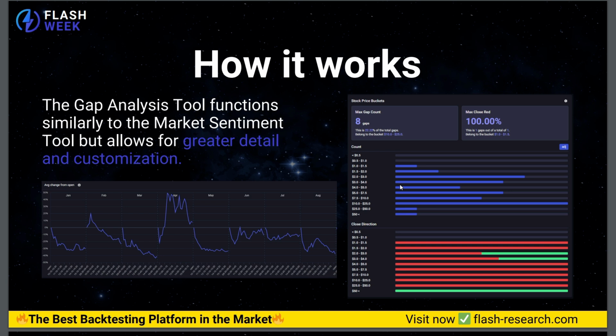You remember, guys, when we did the market sentiment tool a couple of days ago, you saw there were a lot of insights, but they were really general, and the customization was lesser than on the gap analysis tool, because with the market sentiment, you want to know the first snapshot of the market.